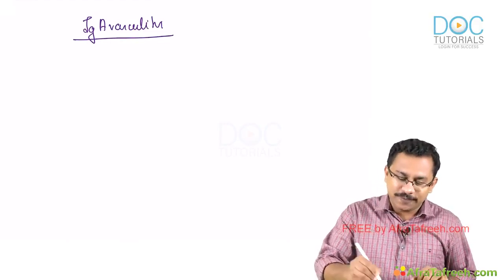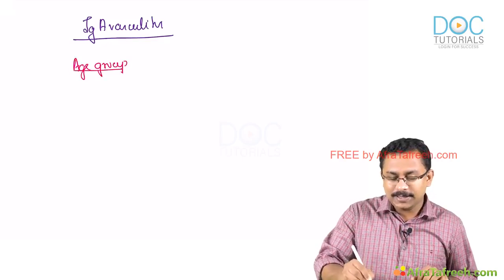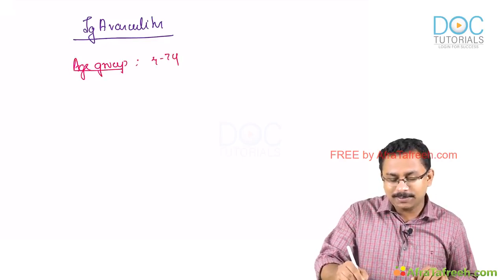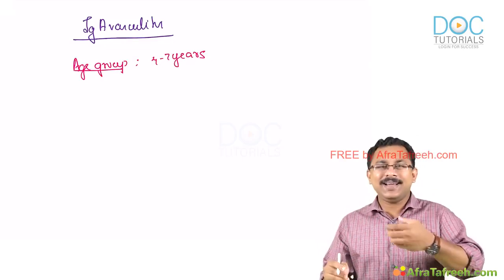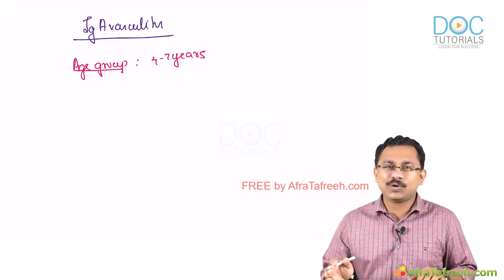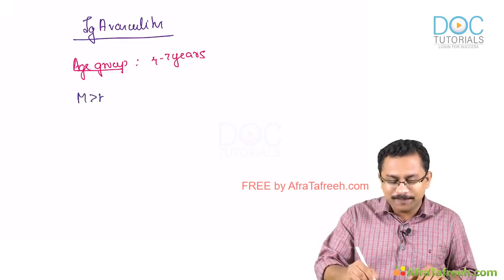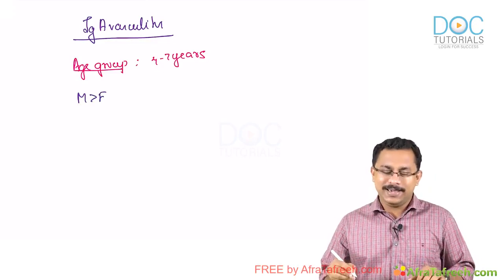The age group of affection is 4 to 7 years, but it may be seen in adults also occasionally. The classical age group is 4 to 7 years. It is slightly more common in males compared to females.